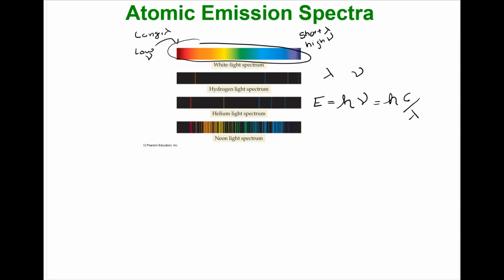So each line in the spectrum has a specific wavelength, which corresponds to a specific frequency and energy. So if we know the wavelength of light that comes out or its frequency, we know the energy of the light. And these are characteristic for individual elements.